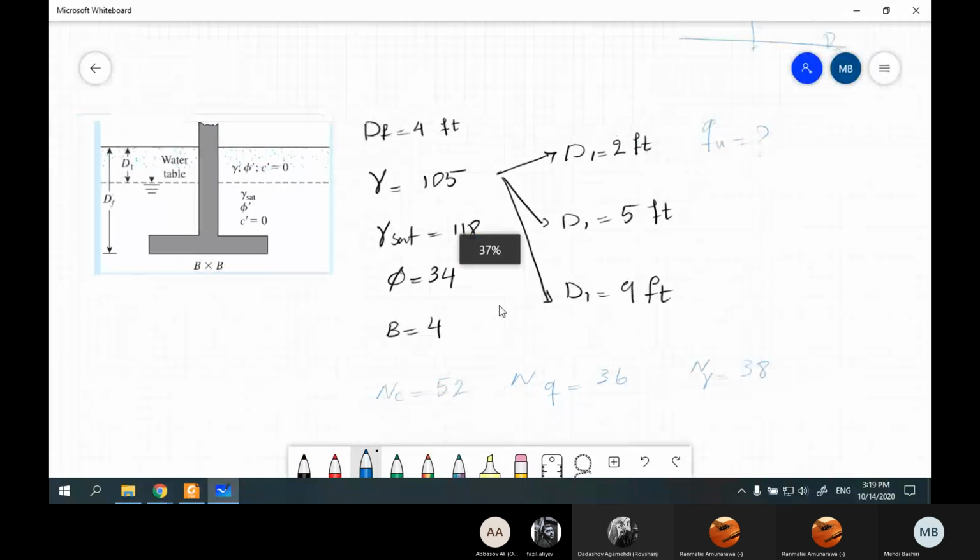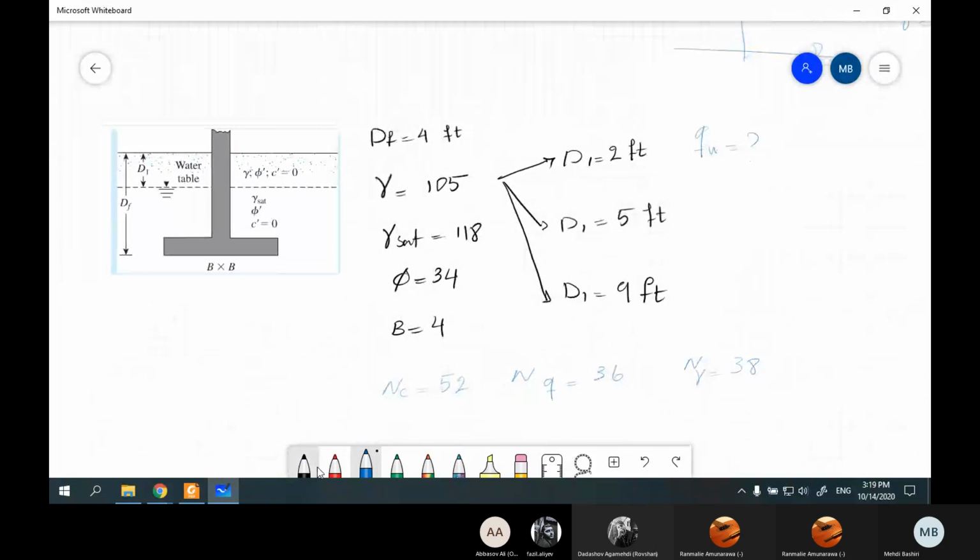And because the foundation is square, use this equation. Waiting for your calculation.